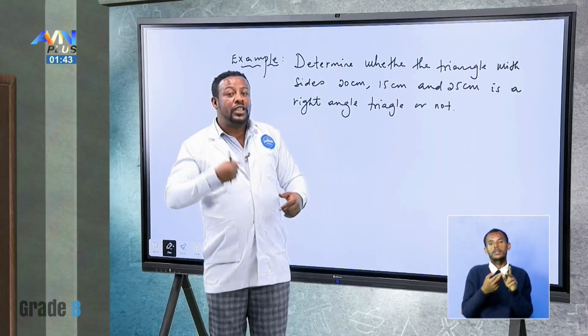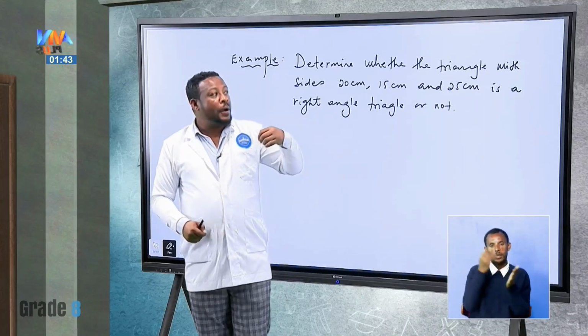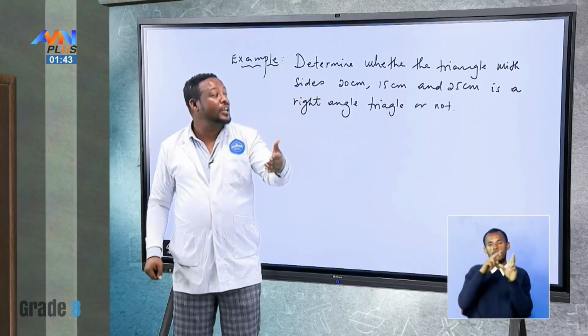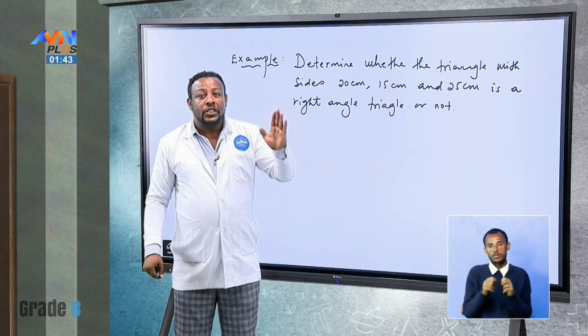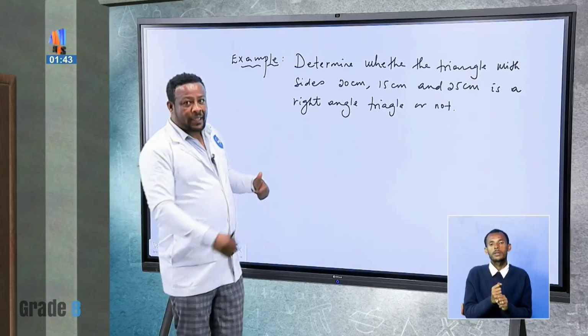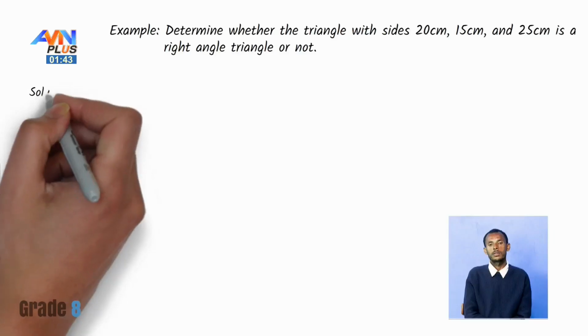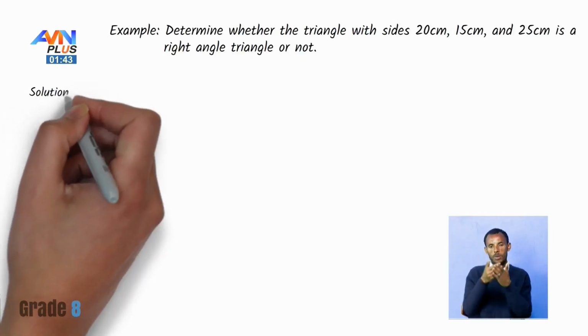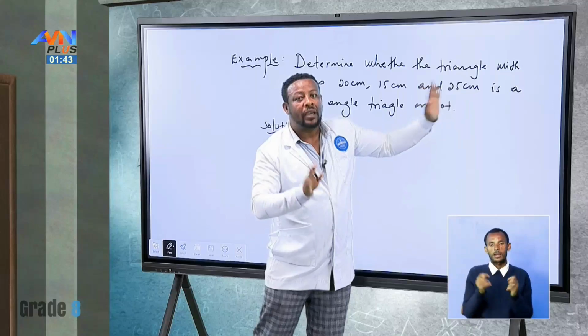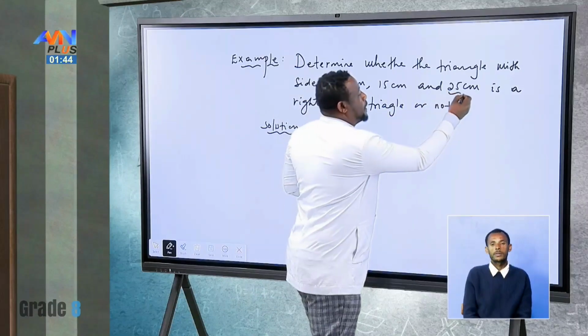So based on this converse, let's see whether this triangle is a right angle triangle or not. Look at all the sides. Clearly the longest side in this triangle is 25.